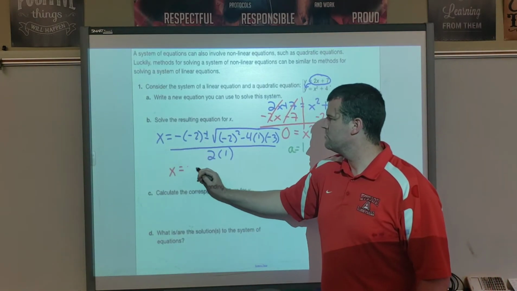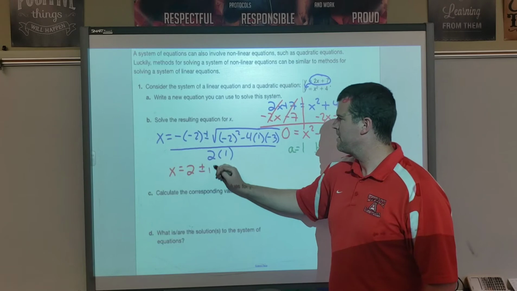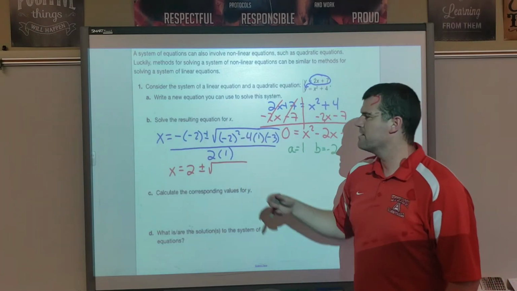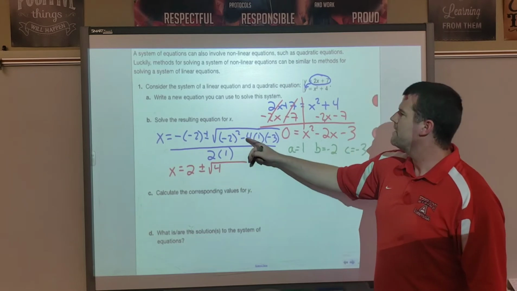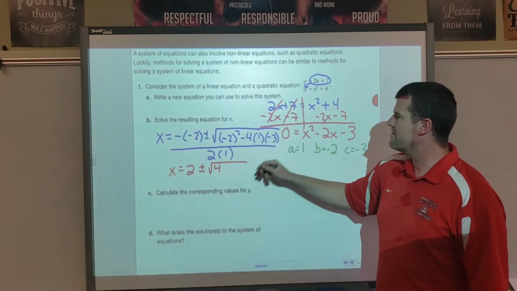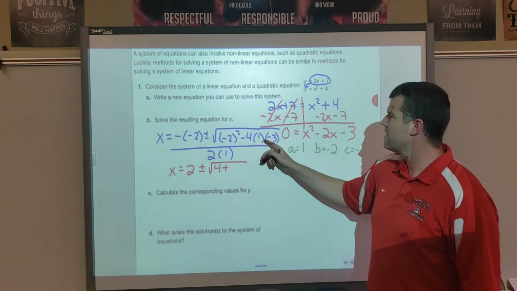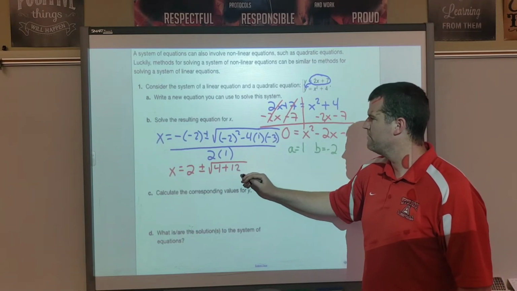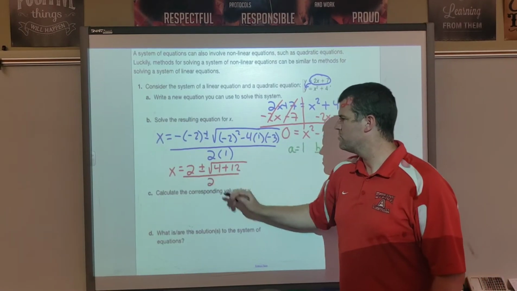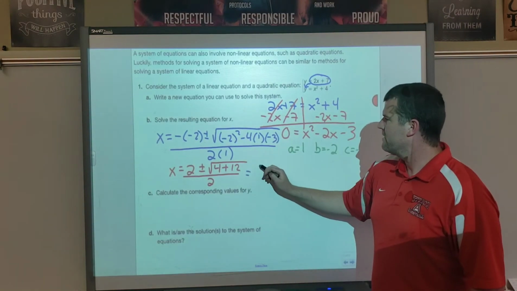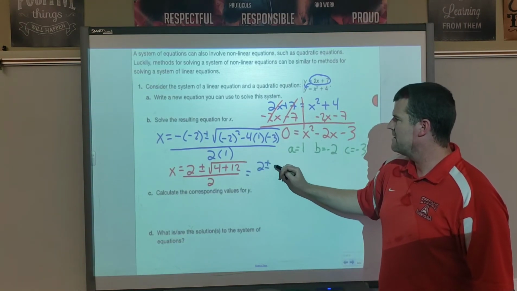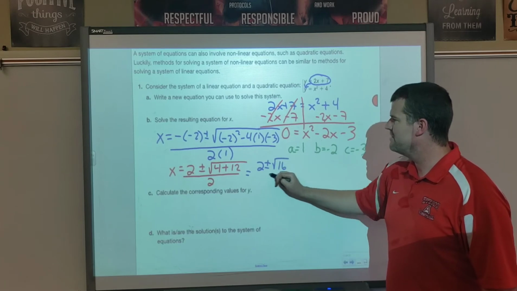All right, so as we go, negative 2 is positive 2. Negative 2 squared is negative times negative, so it's positive 4. And then we have 2 negatives, so this becomes plus 4 times 1 times 3, which is 12, all over 2. Which, when I simplify, gives me 2 plus or minus the square root of 16 over 2.